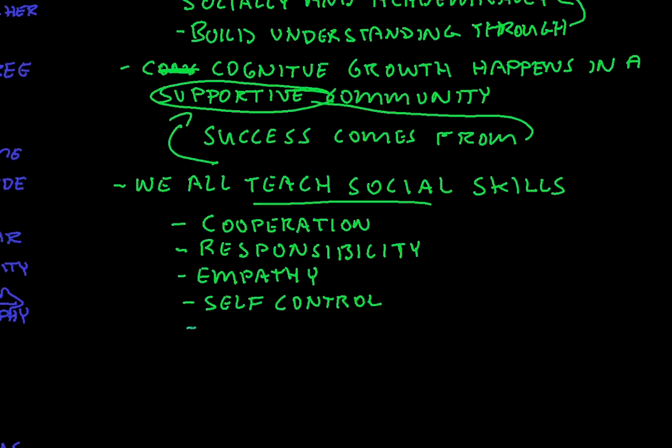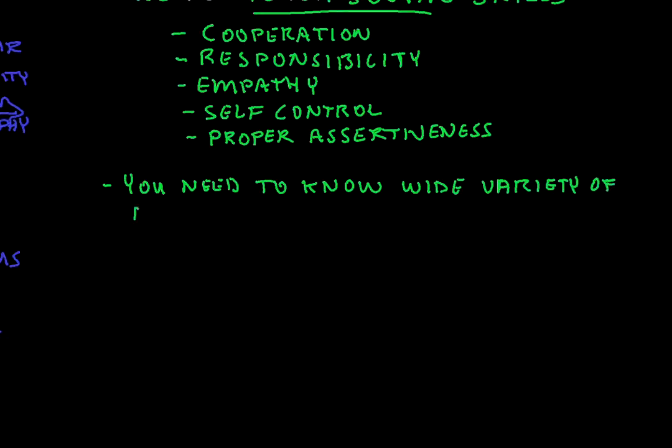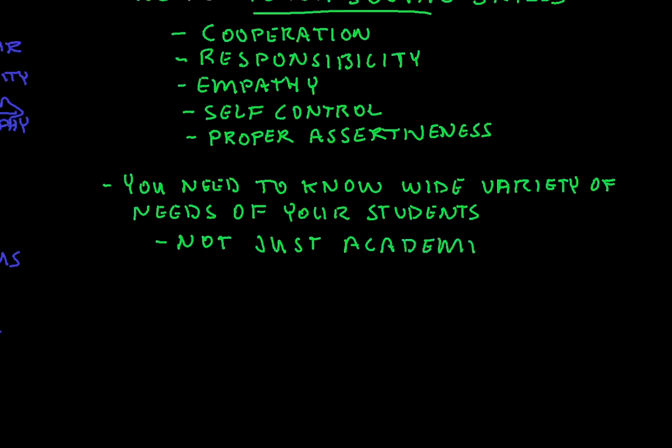You need to know when to be assertive for your needs, when to be assertive for other people's needs. And so then as a teacher, you need to know the physical and emotional, social and intellectual needs of your students. So you need to know not just what your students need academically, but also their physical and social needs as well.